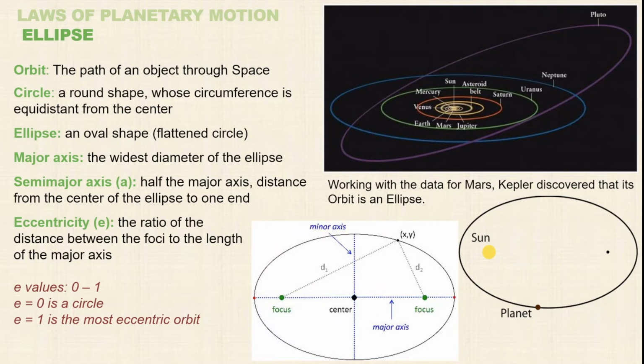The major axis is the widest diameter of the ellipse. The minor axis is the other, smaller diameter here. The semi-major axis is this distance from the center to one edge, or half of the major axis. So this distance is called the semi-major axis.